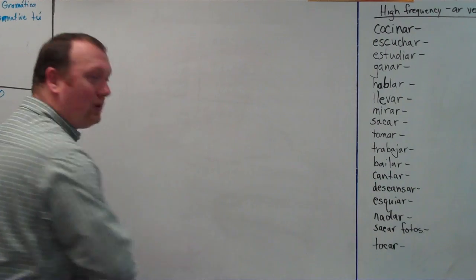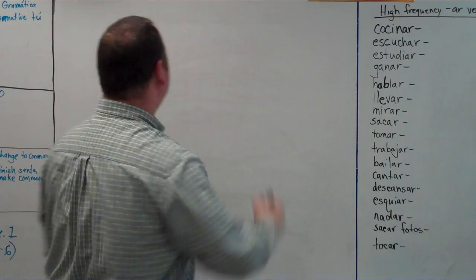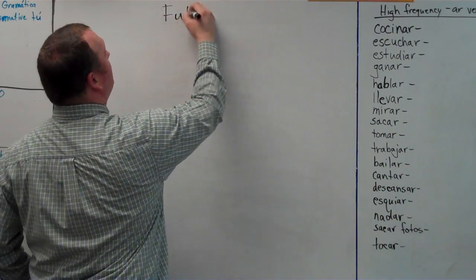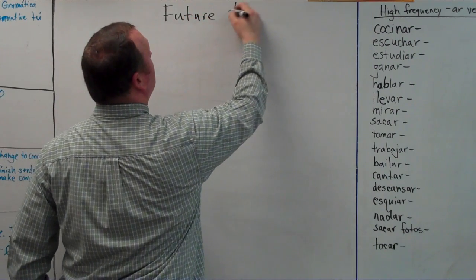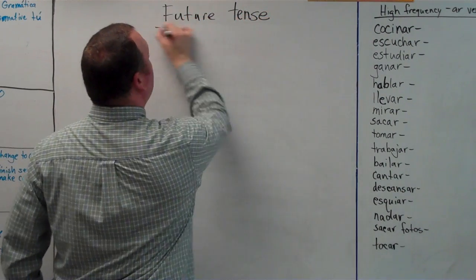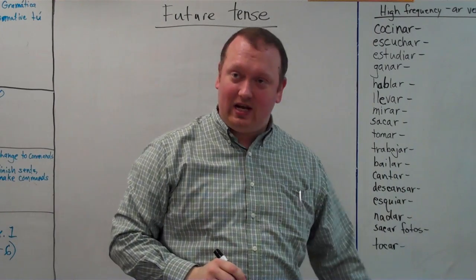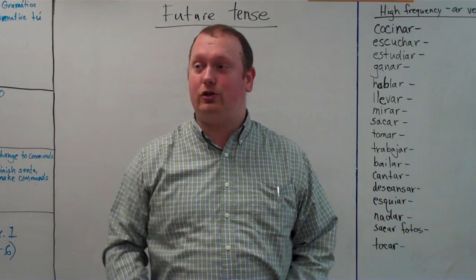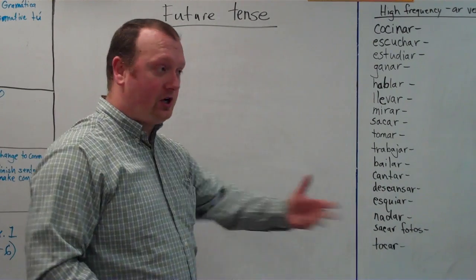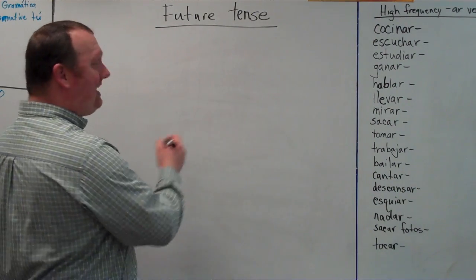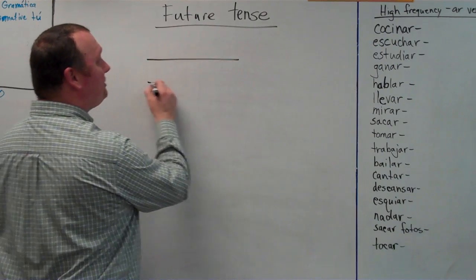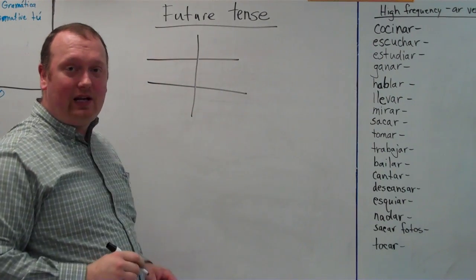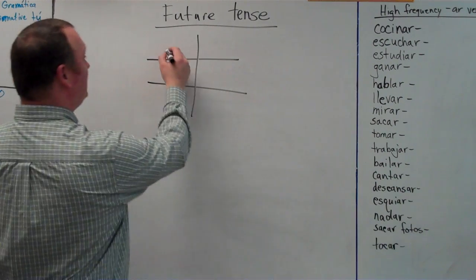Okay, let's talk about the regular simple future. Okay, the regular simple future tense talks about what you will or shall do in the future to come. So it has a set of endings that you add to the verb, and here are the endings that you use.